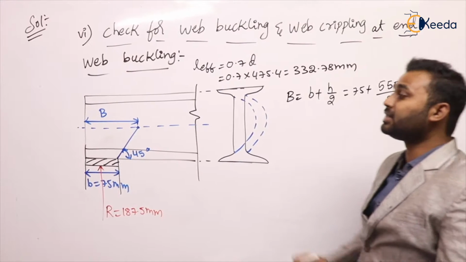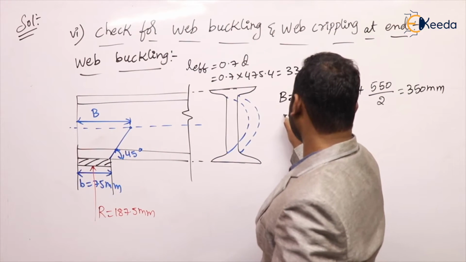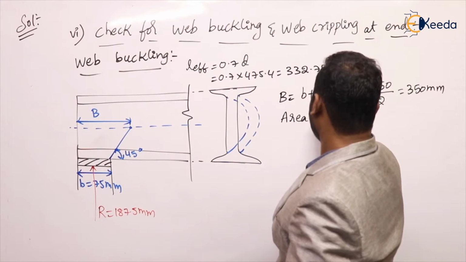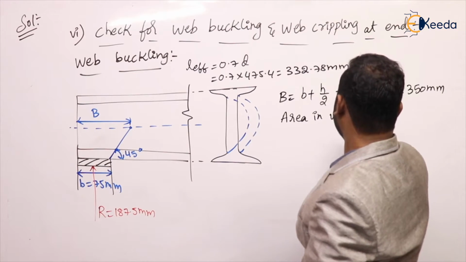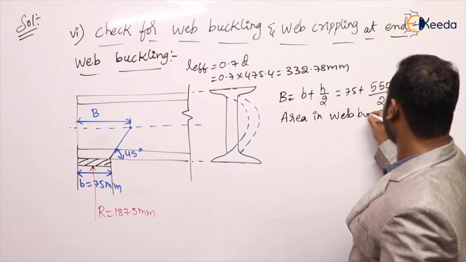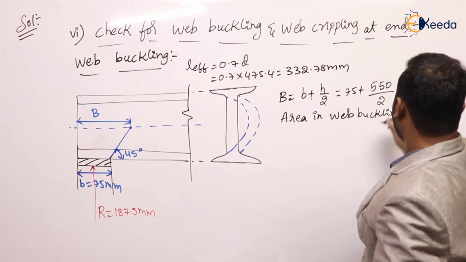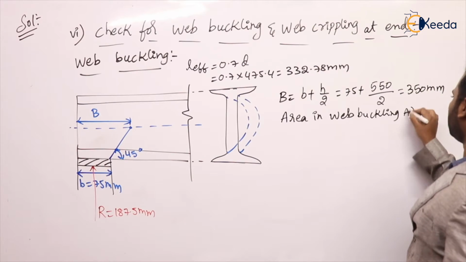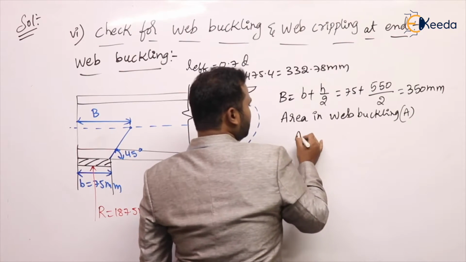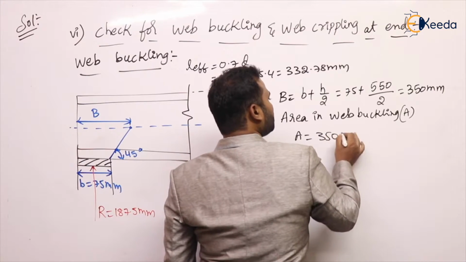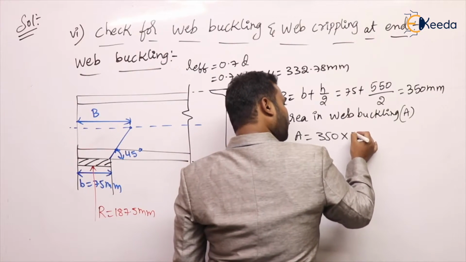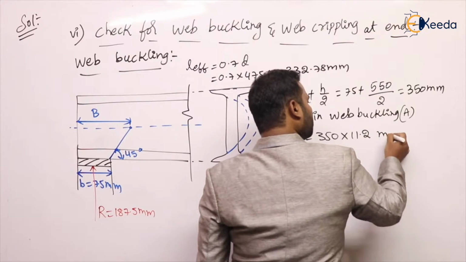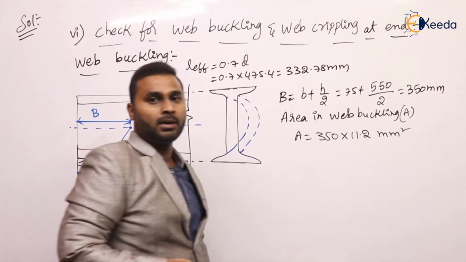Now area in web buckling, simply take it as A. So area in the web buckling is considered as A is equal to 350 into thickness of the web, that is 11.2 mm square. Is that okay?